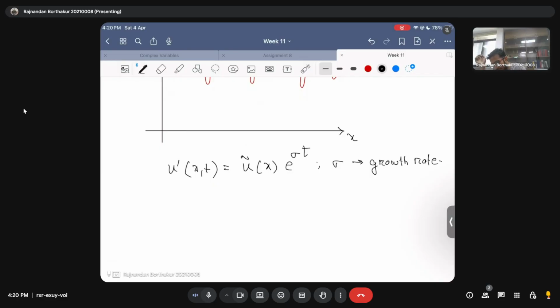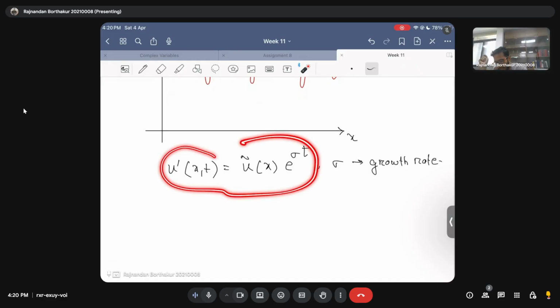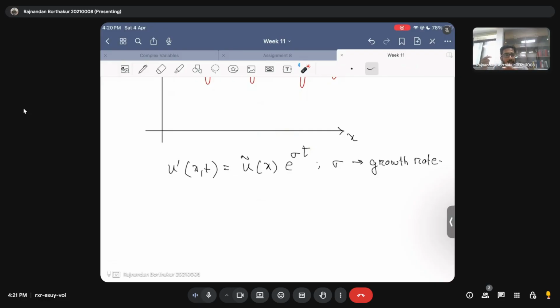Writing the perturbations in this form is testimony to the fact that this problem is an eigenvalue problem. Since this is an eigenvalue problem, I know that the term which signifies that the perturbations are going to decay or grow with time is this e power sigma t, and this u tilde of x is nothing but the eigenfunction corresponding to the eigenvalue sigma.